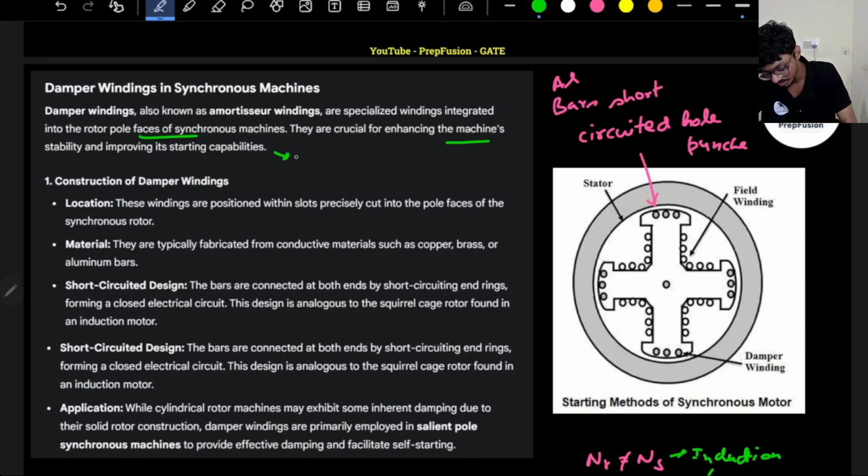Remember, damper windings will be used only in salient pole machines.